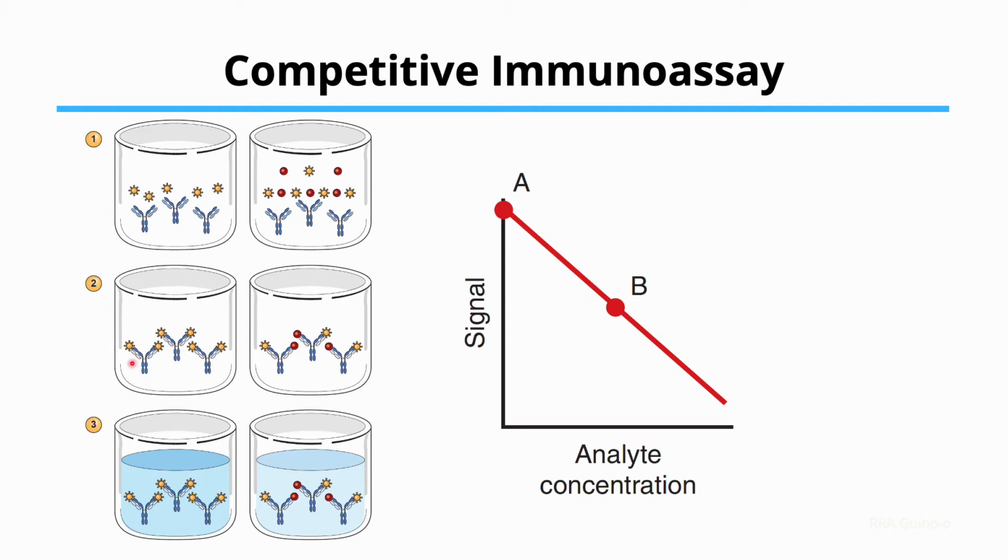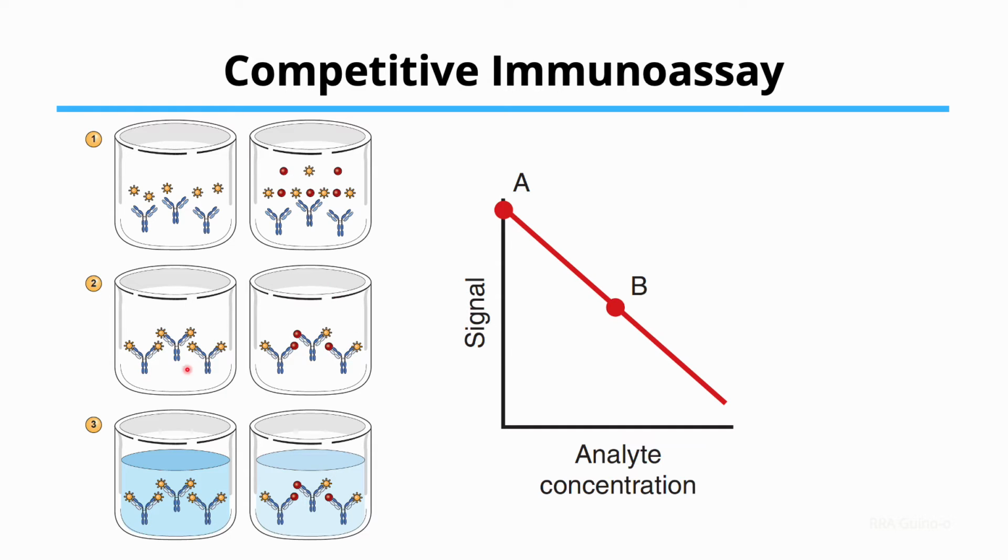If the patient is not positive for whatever target we are looking for, only the labeled antigens are able to bind to the limited binding sites of the reaction vessel. In contrast, if the patient has the target, then some of the target antigens which are unlabeled will be able to bind to the antibodies instead, and fewer labeled antigens are able to bind.